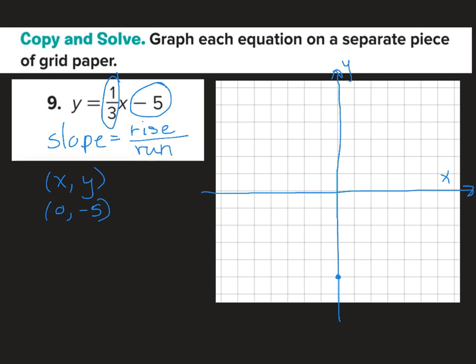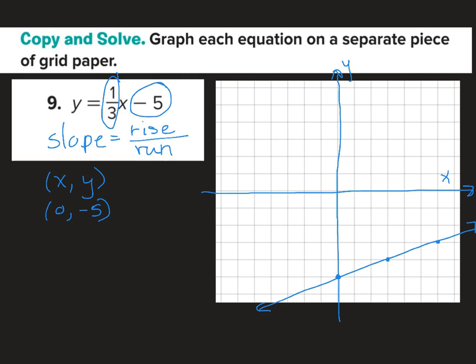So up 1, 3 to the right. And it's positive, so I know that I have to increase. So my line is going to look like this. Okay, so I graphed that equation.